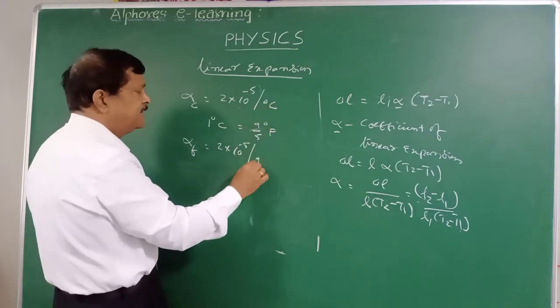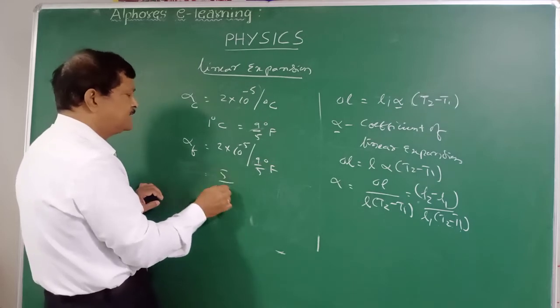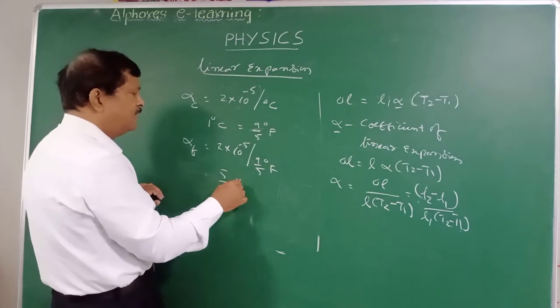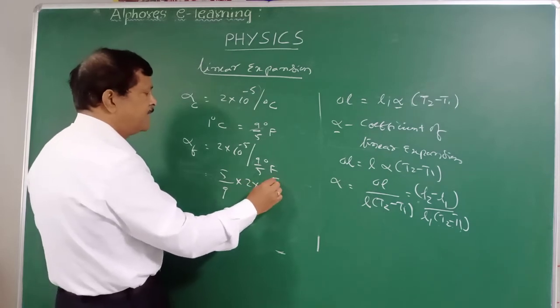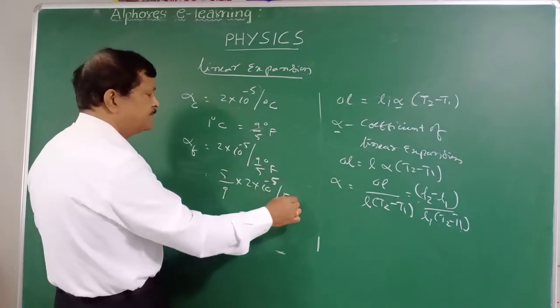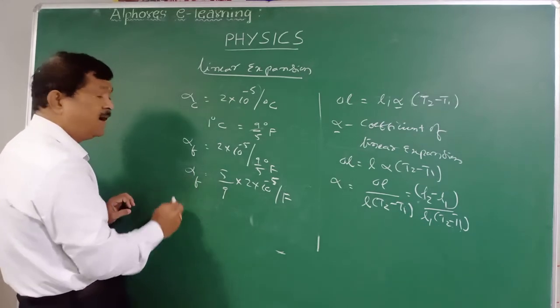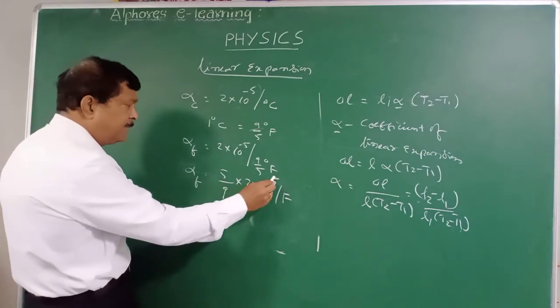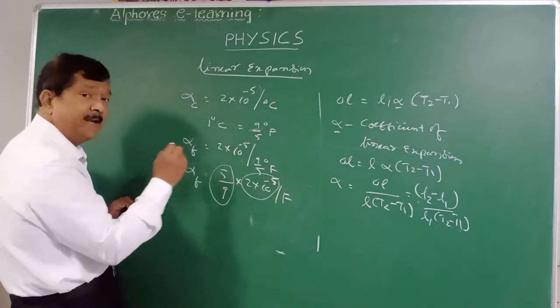Degree centigrade is nothing but 9 by 5 degree Fahrenheit. So very clearly it becomes a 5 by 9 value, 5 by 9 multiplied by 2 into 10 power minus 5 per degree Fahrenheit. So to get the value of alpha in Fahrenheit, we have to multiply the value in centigrade scale by the value 5 by 9.